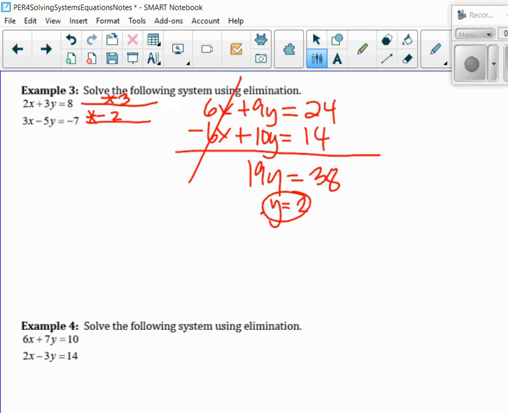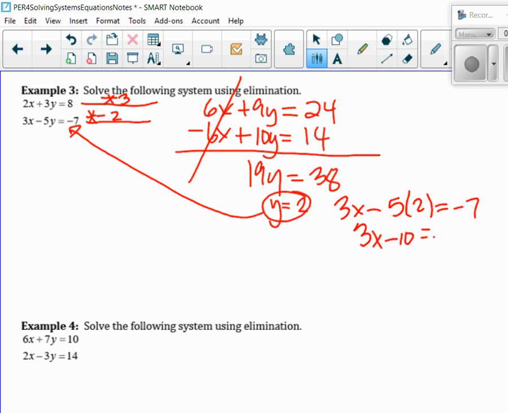Sub it into, doesn't matter which one. So 3x minus 5 times 2 equals negative 7. 3x minus 10 equals minus 7. 3x equals 3. So x equals 1. So my solution then is (1, 2) in brackets, because it's a coordinate, right?